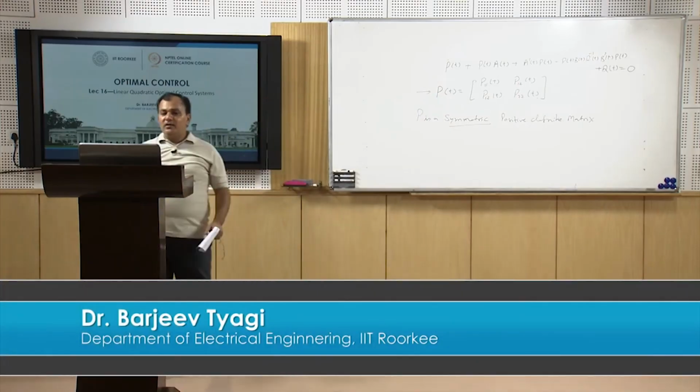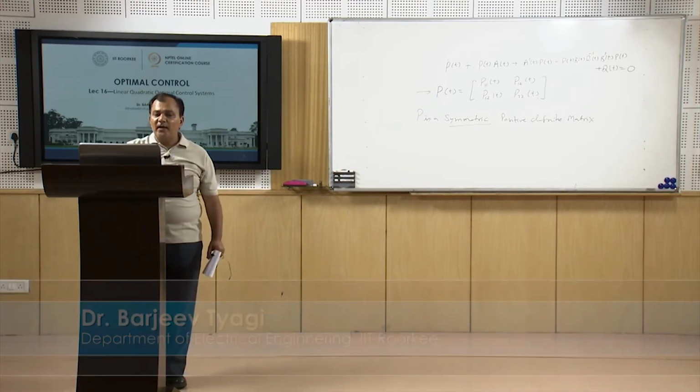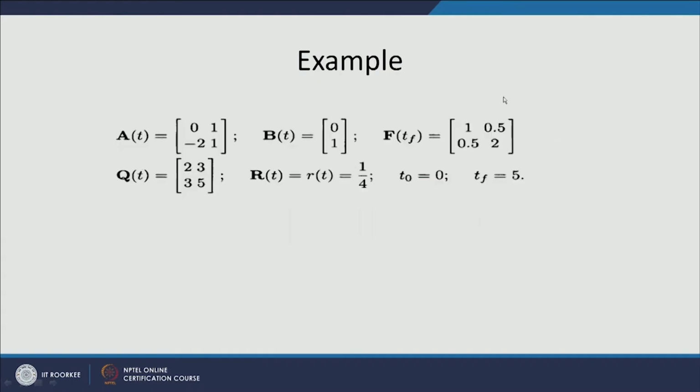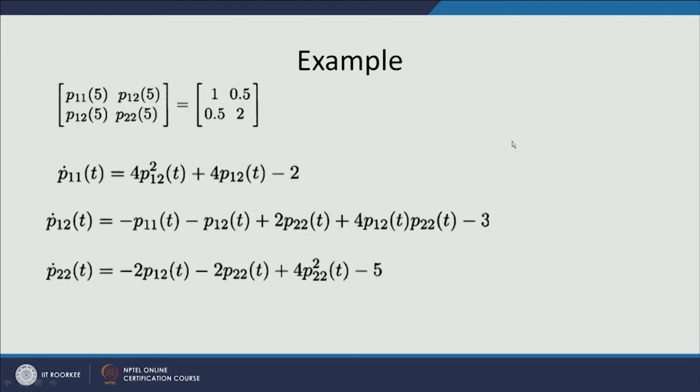These equations have final conditions P11(5), P12(5), P22(5), which I get from my matrix F. So, this F matrix means my P(tf) equals F of tf. All these parameters give the final values of P11, P12, P22 as 1, 0.5 and 2. So, these 3 equations I have to solve with these final conditions.